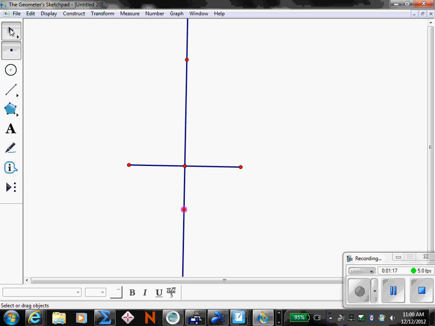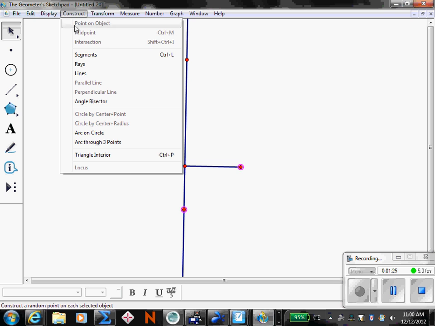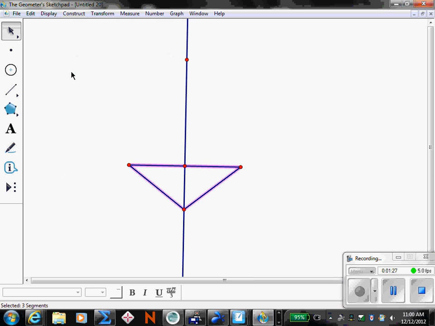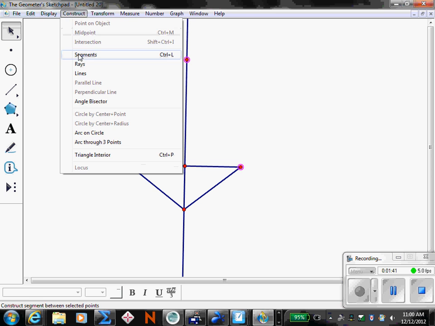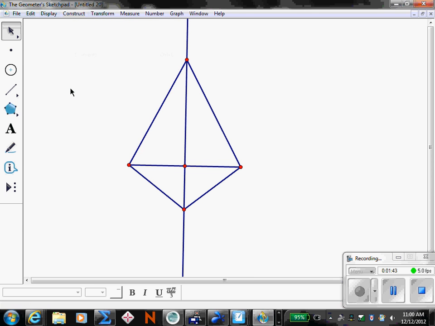So this is how I would make two isosceles triangles, and I'm sticking them together. So I am constructing segments here, and then I am going to construct segments on the other side as well in order to make my kite. Okay, so here is my kite.